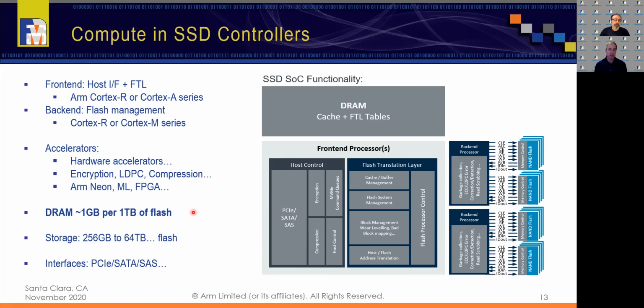So for a typical SSD that's 16, 32, or even 64 terabytes, that requires 16, 32, or 64 gigabytes of DRAM, certainly a significant amount of DRAM. And as Neil mentioned, a lot of drives today are based upon PCIe, some moving to NVMe over fabrics over TCP, but still a little bit of SATA and SAS out there as well.